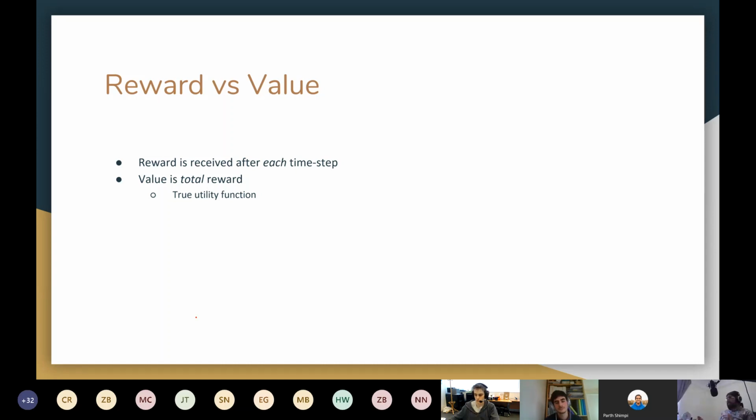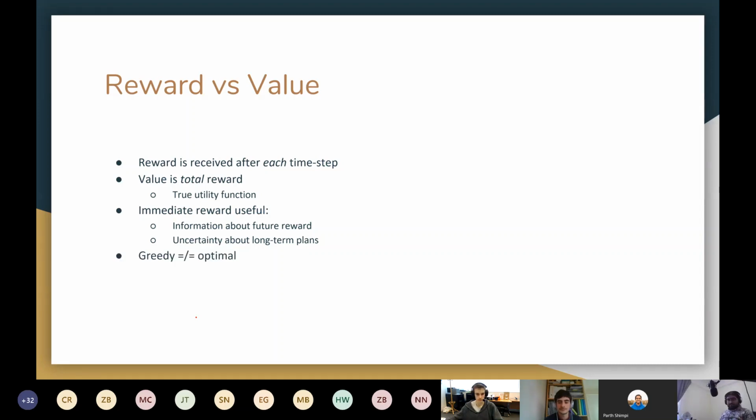You care about maximizing value, but in the moment, you only know the reward. The immediate reward is useful because it can give you information about future rewards, and often you're pretty uncertain about long-term plans, and it might make sense to just do the best thing in the moment. But generally, the thing that always maximizes the reward in the moment isn't the optimal approach.